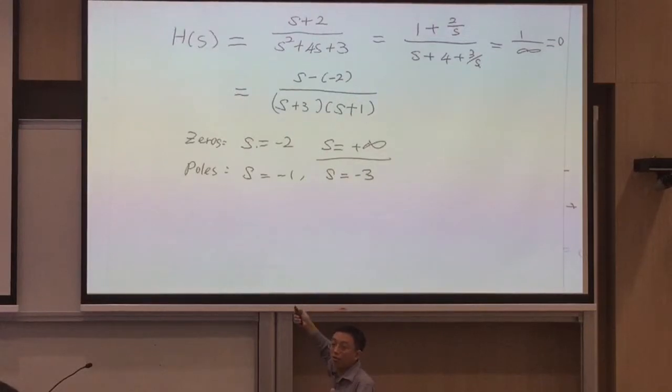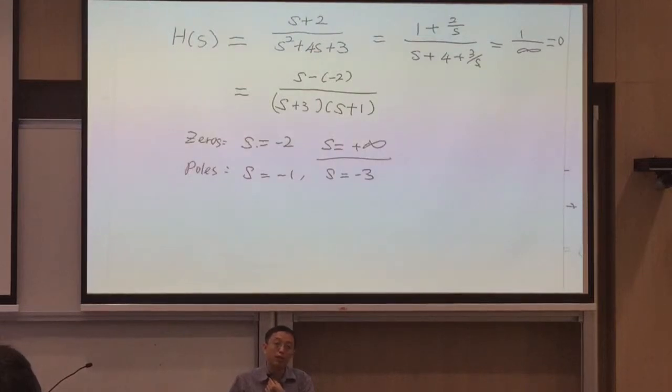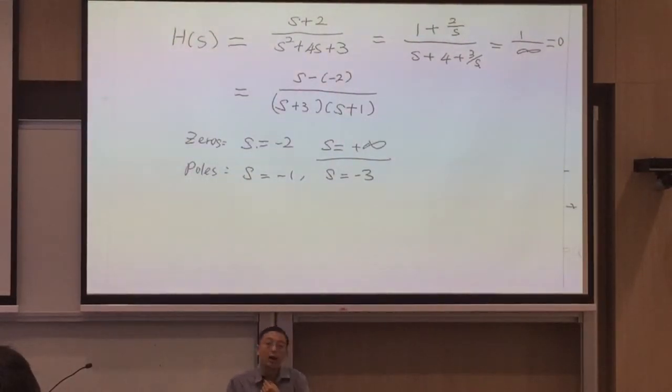So when your s equals minus 1, your H(s) becomes infinite. So in mathematics, a pole is the value of s that makes your function infinite, and a zero is the value of s that makes your function 0 after you substitute it. And mathematically, the number of poles and the number of zeros are supposed to be the same.